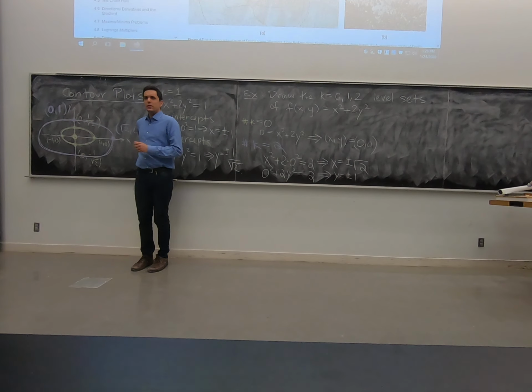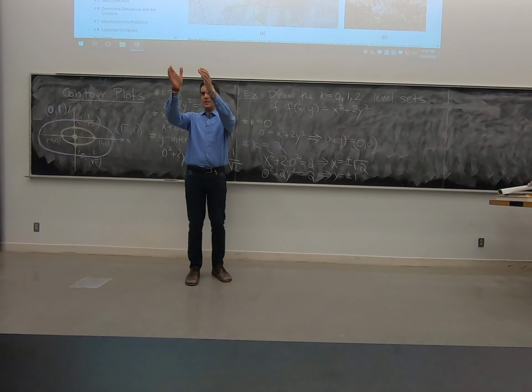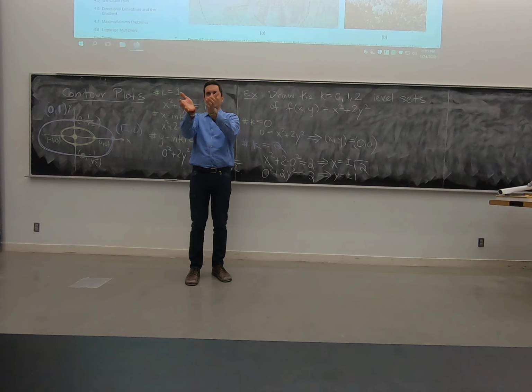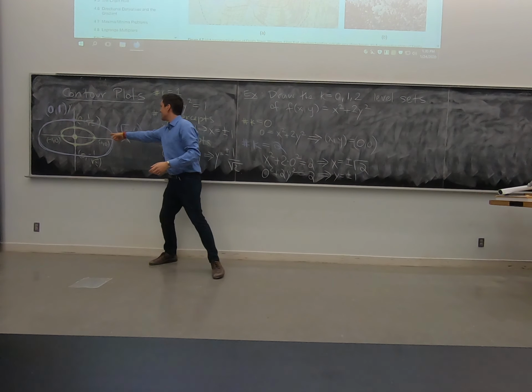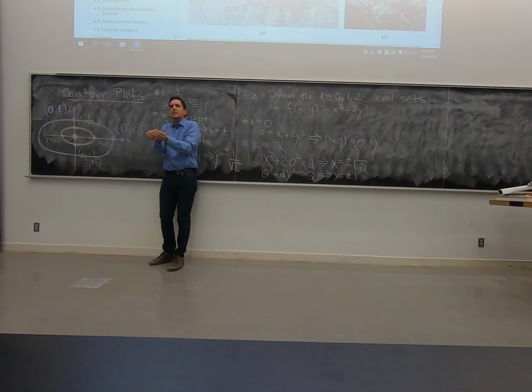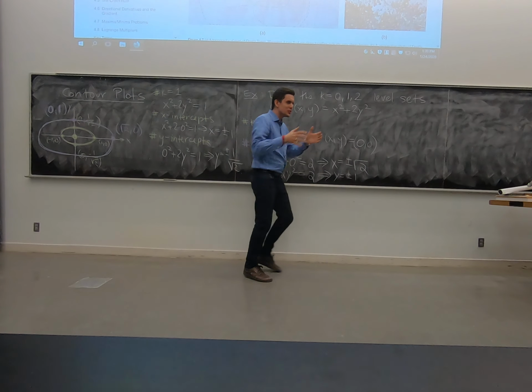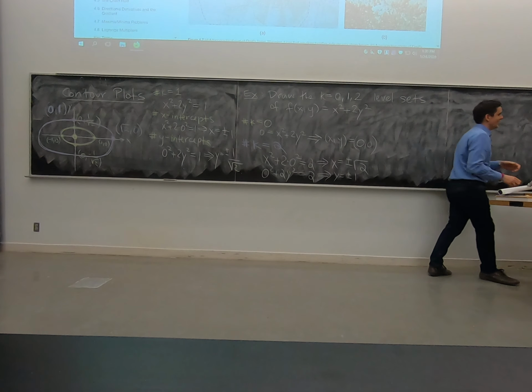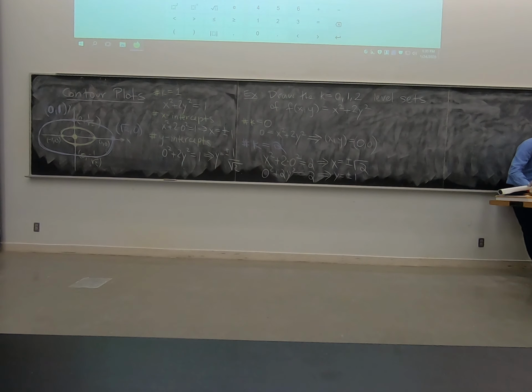Yes, you've got the right idea. Make this shape with your hands. Imagine something where all the level sets are ellipses. Cradle the ellipse. That's kind of the shape we were envisioning.